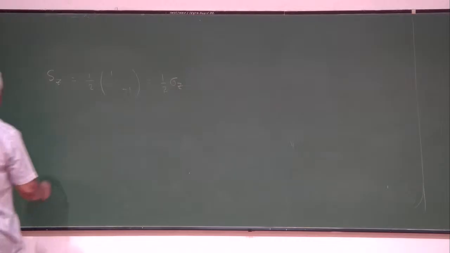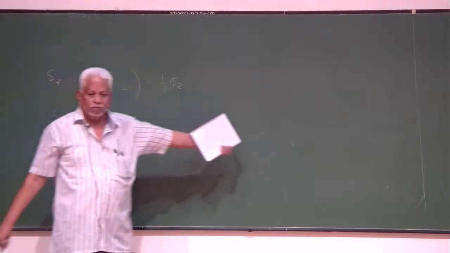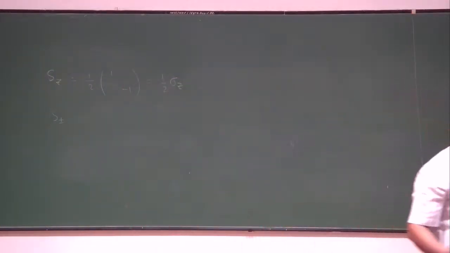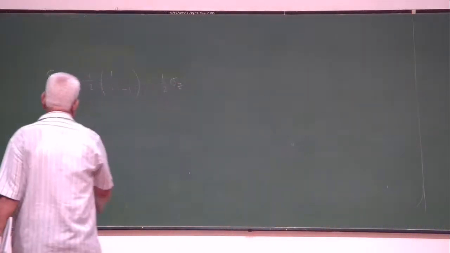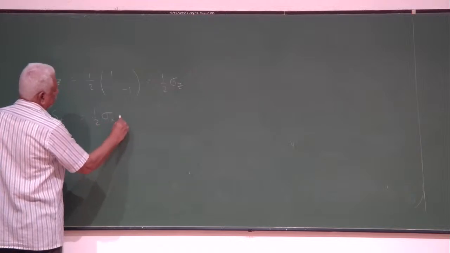Similarly, I can have S plus, S minus. I have given you the formula. What is L plus acting on this thing? From there you can work out what S plus minus is. That will turn out to be half sigma x plus or minus i sigma y.